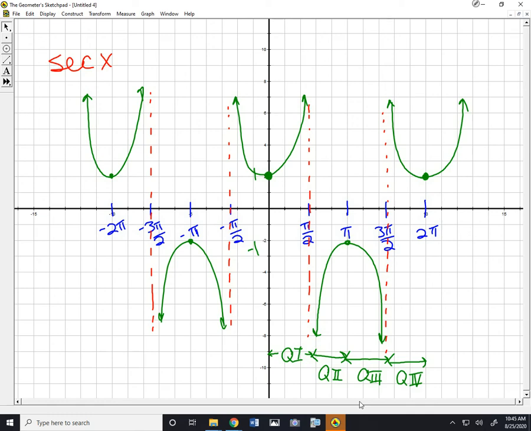I'm going to go ahead and show you this. There's a relationship clearly between this graph and the cosine graph. And if I were to graph the cosine graph, which I'm going to go ahead and graph in red, the cosine graph starts here at 1, comes down like that.